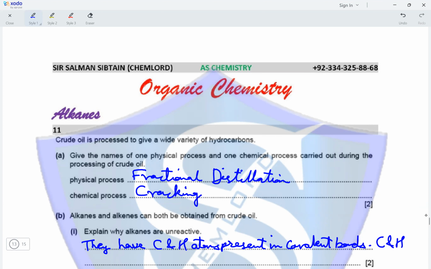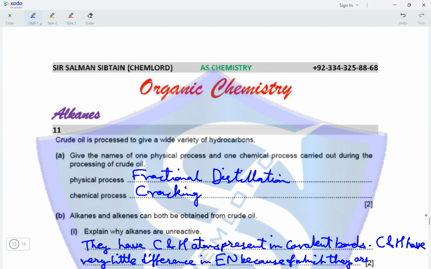Carbon and hydrogen have very little difference in electronegativities, because of which they are non-polar and hence unreactive.